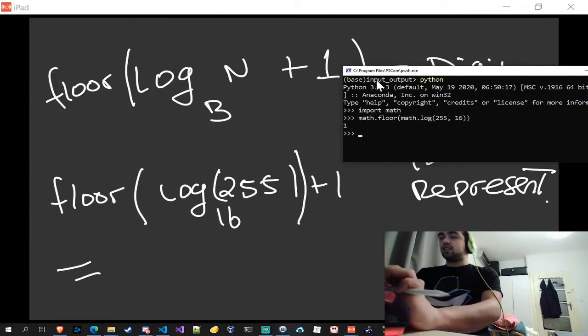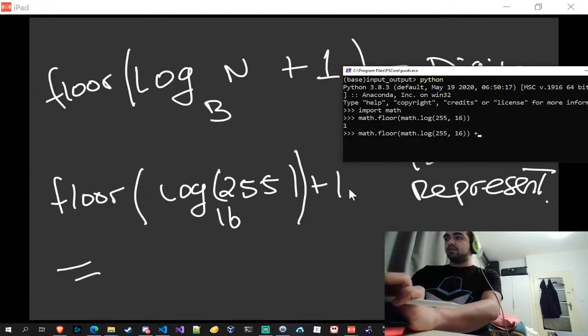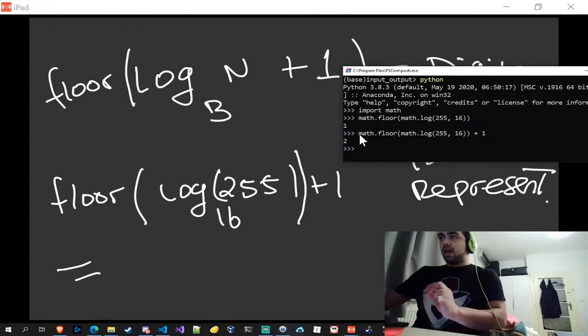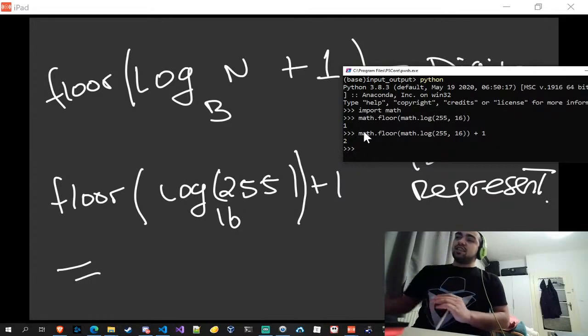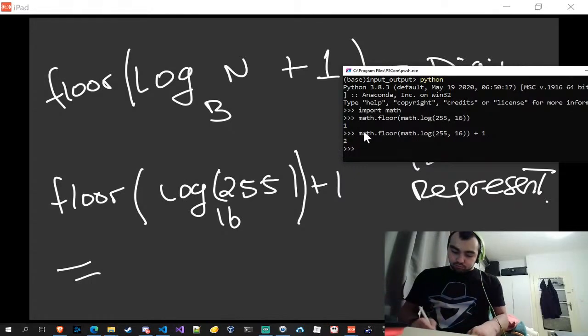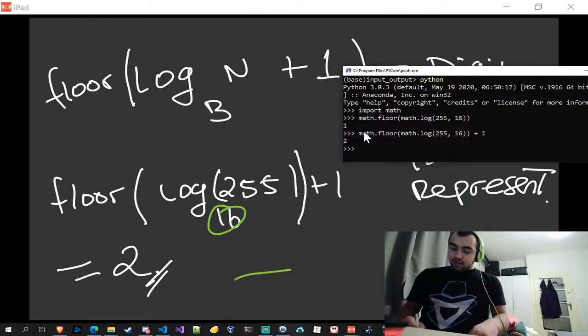Let's just do this. This is 1. But remember, we have a plus 1 here as well. So it's this plus 1, which is 2. This is the number of digits needed to represent this number in base 16. And it's true, because this number is FF.